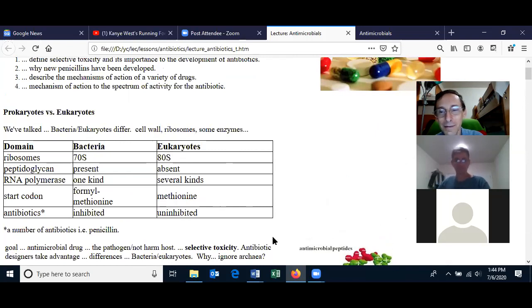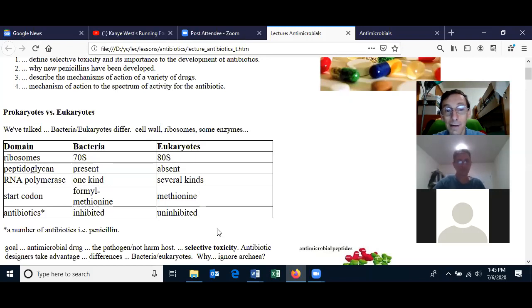Nobody wants to comment? So the lack of a peptidoglycan wall. Yeah, the bacteria have differences from the eukaryotes, and the reason why we've been so successful on developing antibiotics is because they're taking advantage of the differences between the bacteria and the eukaryotes.